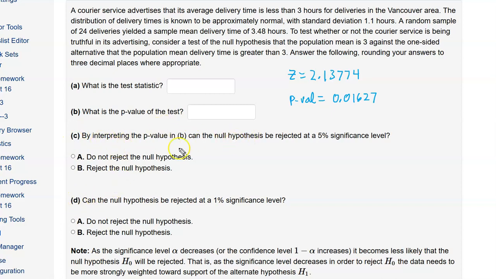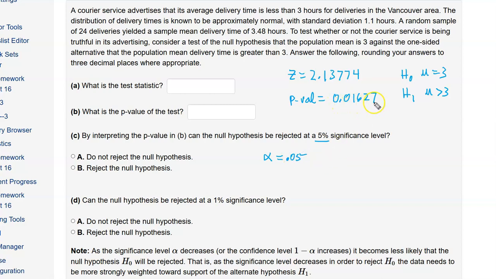Now, we want to determine if we should reject or fail to reject the null hypothesis. Recall we had set up our null hypothesis that mu equals 3, and our alternate was mu is greater than 3. If we support the alternate, then we are refuting the company's claim. Now, at the 5% significance level, what should we do? Well, at that level, our alpha is 0.05.